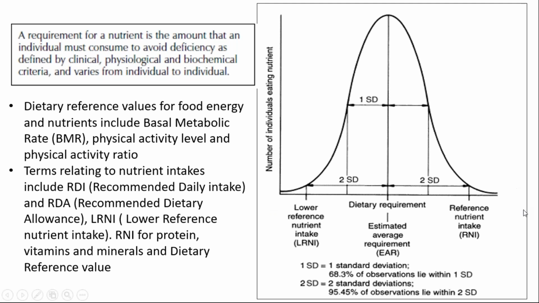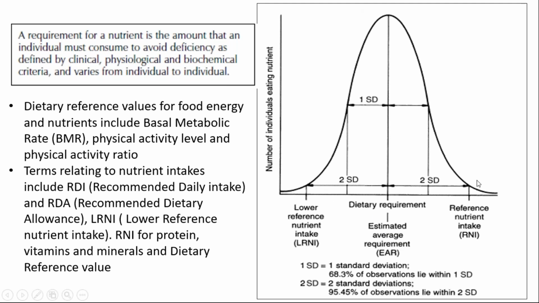And this Gaussian graph is related to terms known as the lower reference nutrient intake. That means you should not take below this. Then you have a reference nutrient intake, and then you have the dietary requirement or the estimated average requirement.